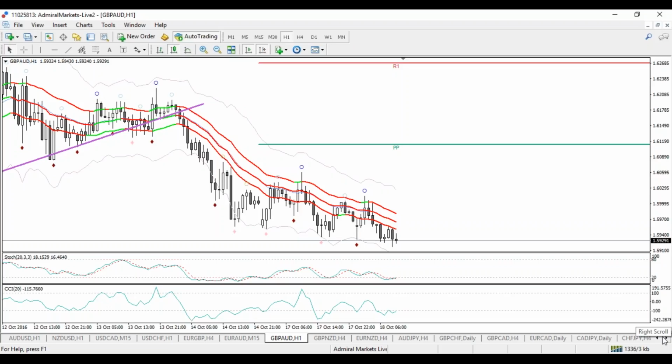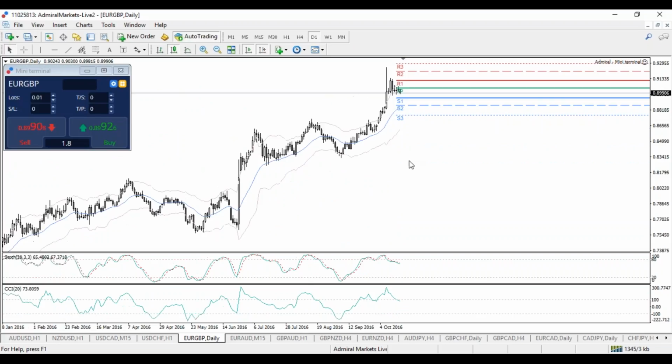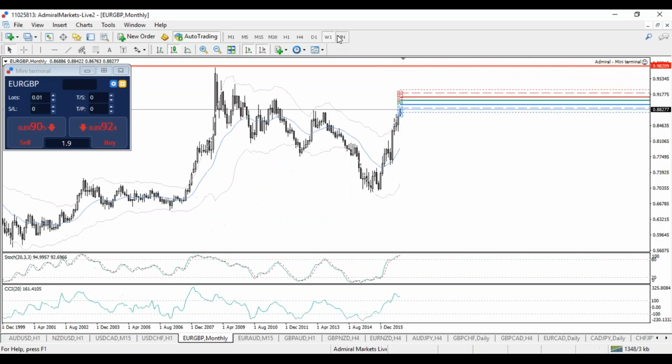Let's see. MJ is saying that he's in Germany and converting pounds into euro, and he's wondering how bad it's going to get. So let's take a look at the euro pound quickly, and take a look at the monthly chart here.